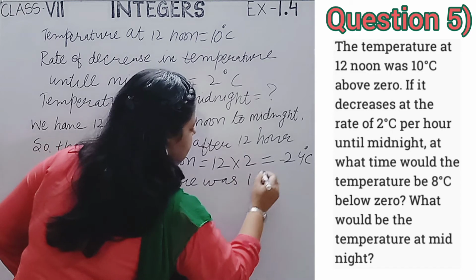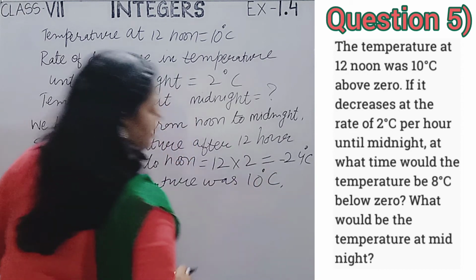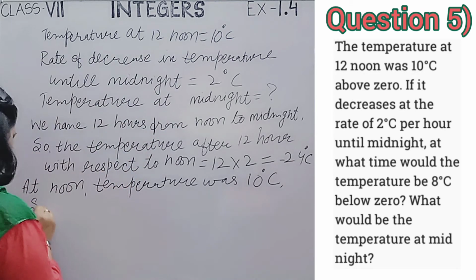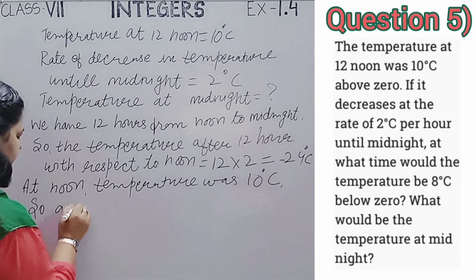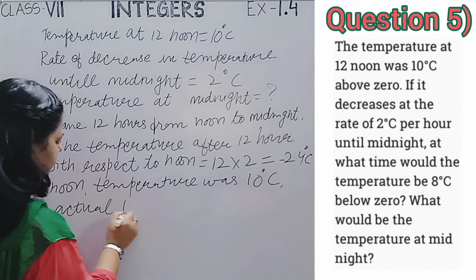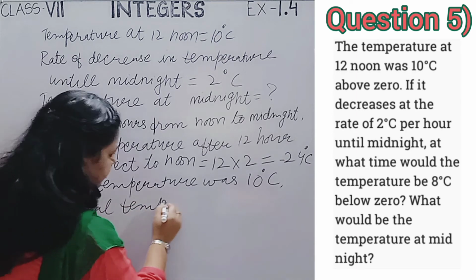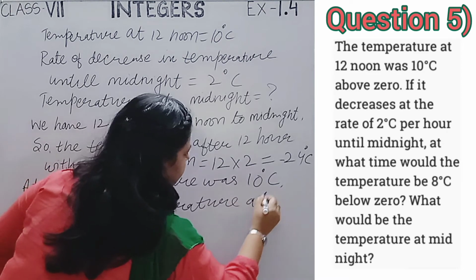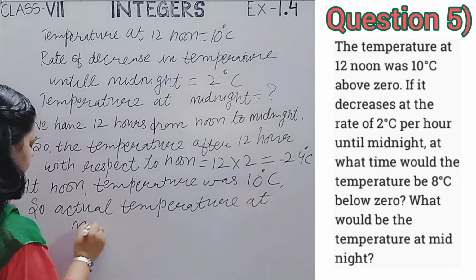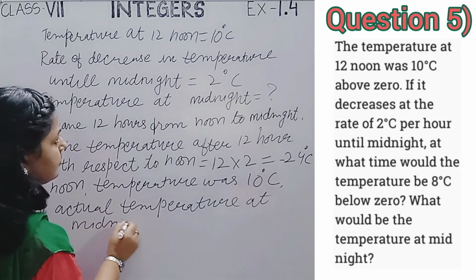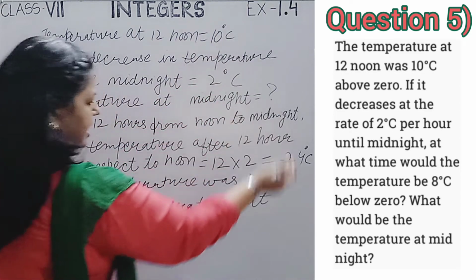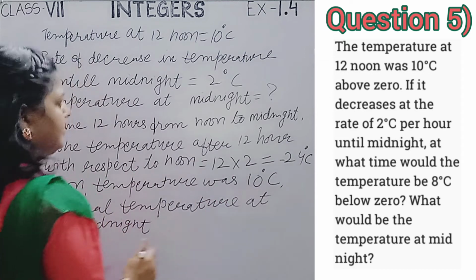So actual temperature at midnight is 10 degree, and we have minus 24 degree.